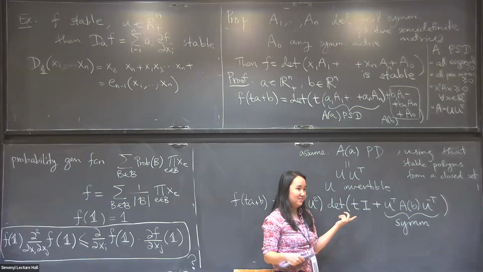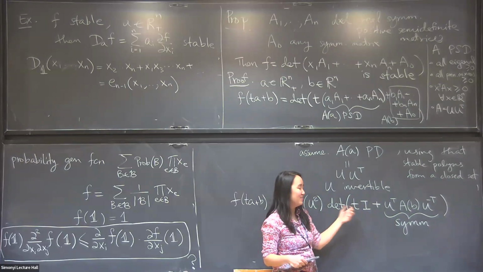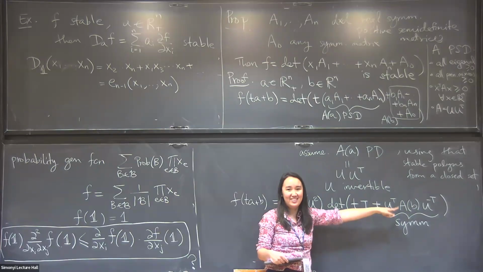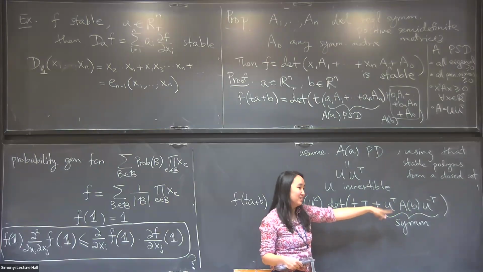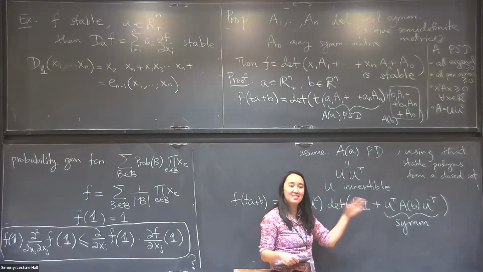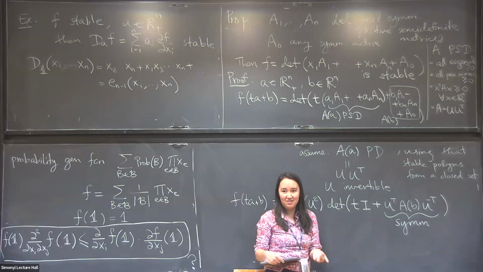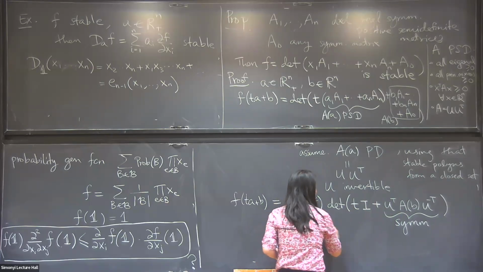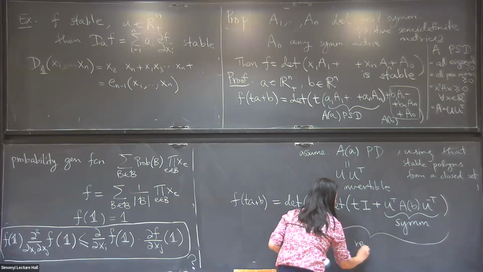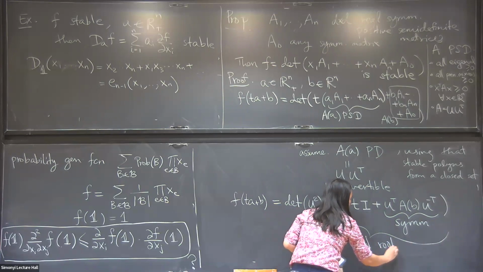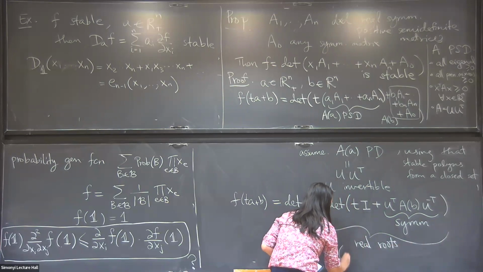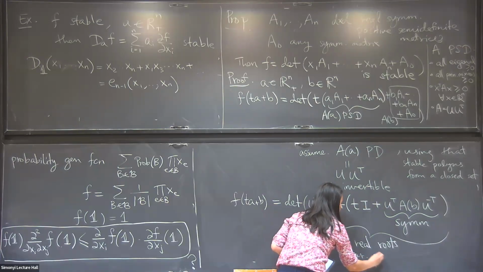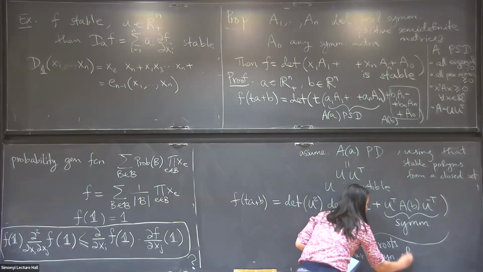The eigenvalues, or negatives of eigenvalues. This is the characteristic polynomial of this symmetric matrix. We know from linear algebra that symmetric matrices have real eigenvalues. So that means this one has real roots, because it is a characteristic polynomial of a symmetric matrix.